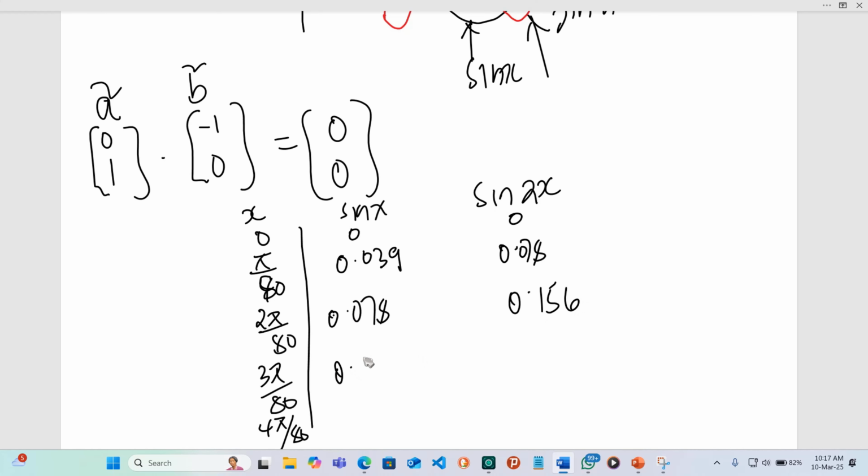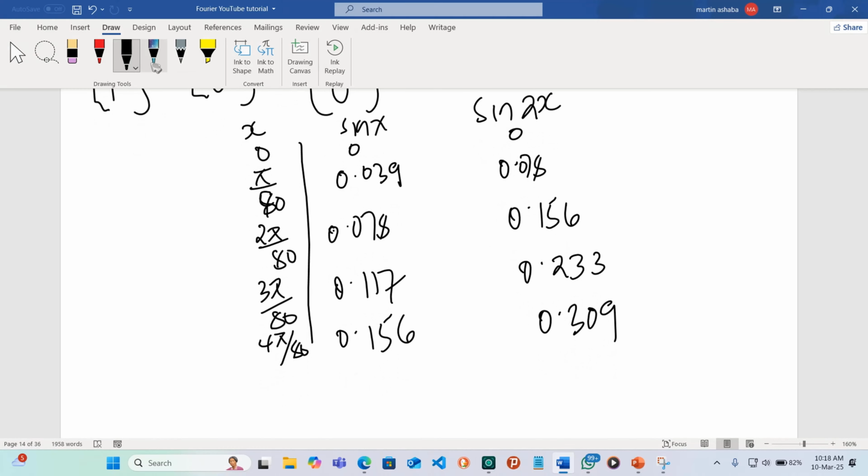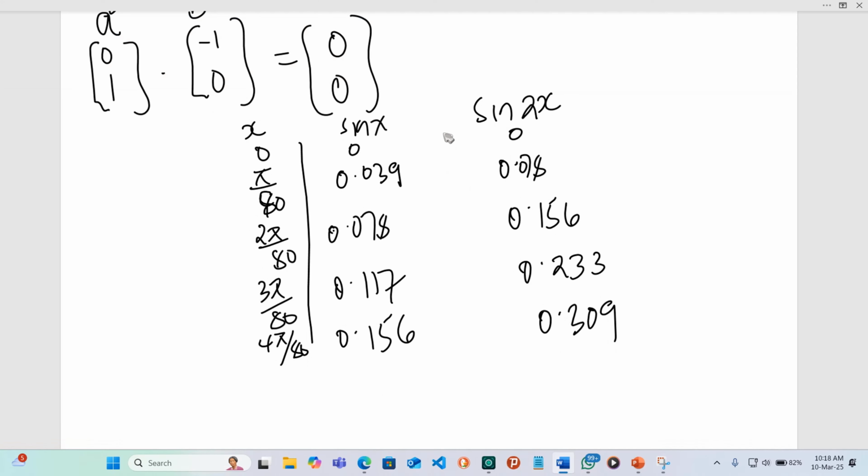Then this is 0.117 and this is 0.233. Then this is 0.156 and this is 0.309. So we're going to treat these as vectors so that we can also look at the dot product.